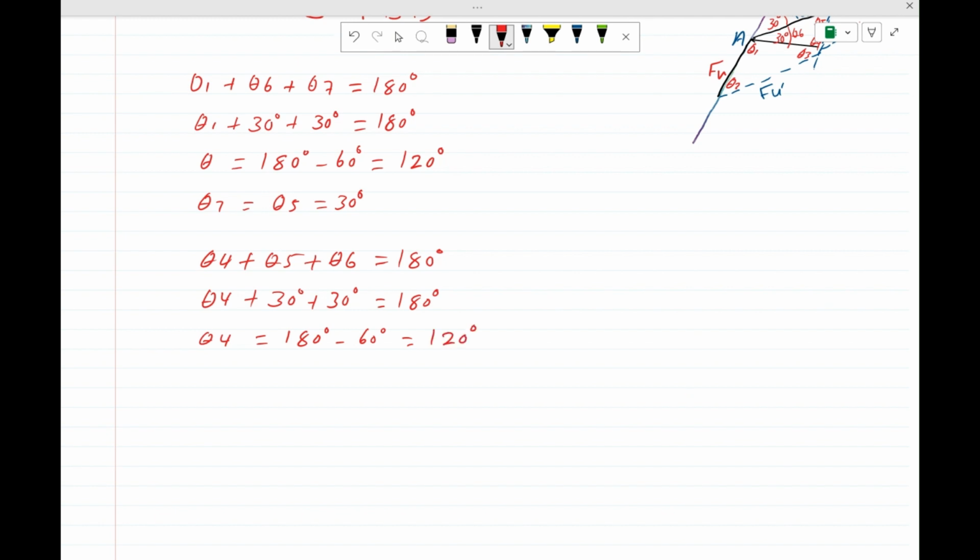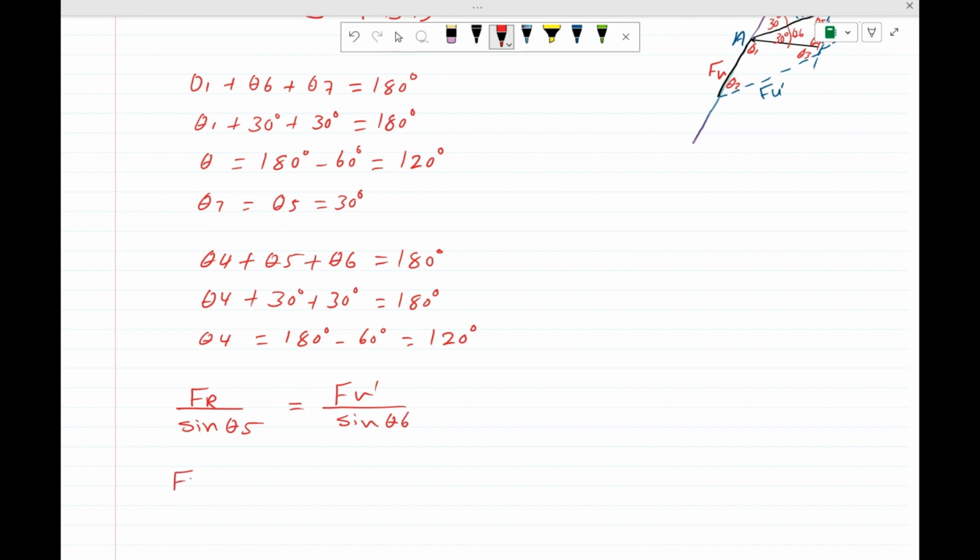At this point, I will use the sine law, which is Fr, the resultant force, divided by sine theta 5, equal to Fv dash over sine theta 6.